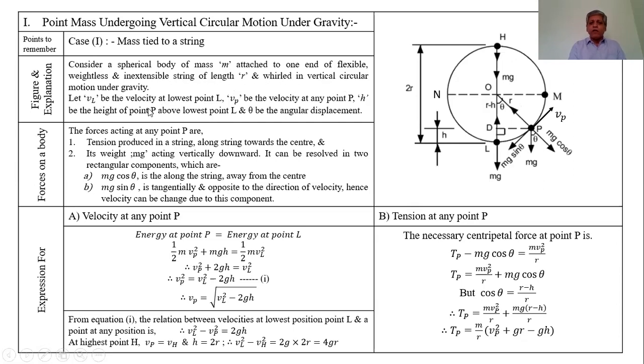Second point: let VL be the velocity at the lowest position L, Vp the velocity at point P, H the height of point P above the lowest position L, and theta the angular displacement when the particle moves from point L to P.